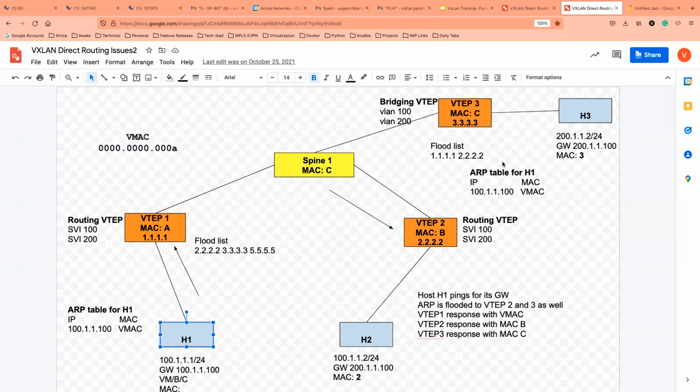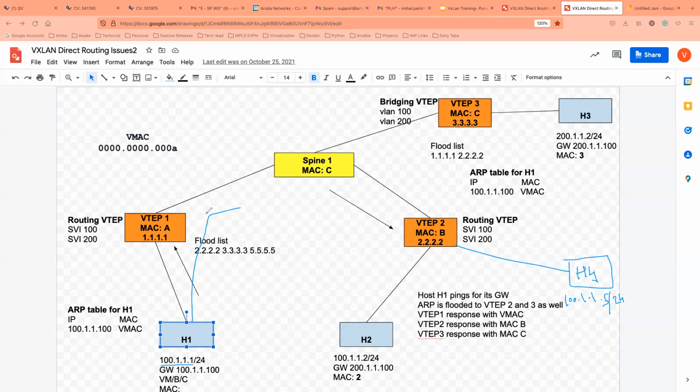Okay, so now your point is there is one host. H3 is already there, so let's take H4, with IP 10.10.10.115. Now H1 wants to talk to H4. So in the flood list, it will flood with destination IP 222, and 555 as well.